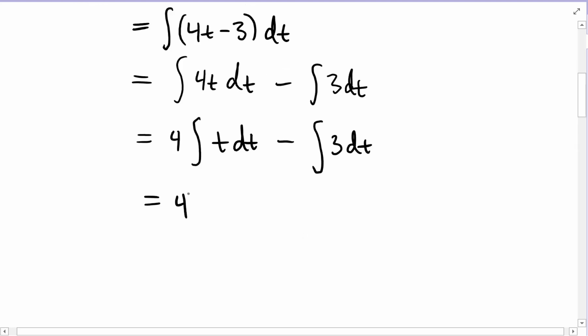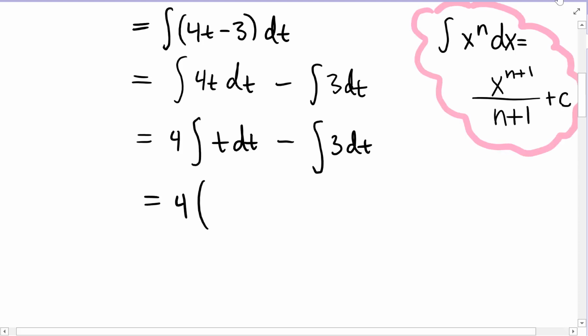4 will be multiplied by the integral of t. Our reverse power rule: t is now to the power of 1, so we're going to add 1 to that power, so t will be to the power of 2, and we're also going to divide this by 2.